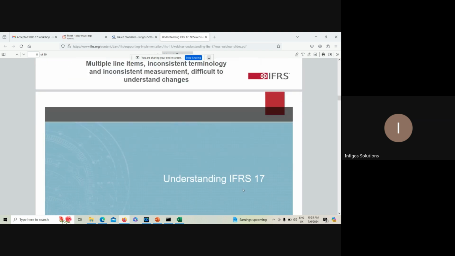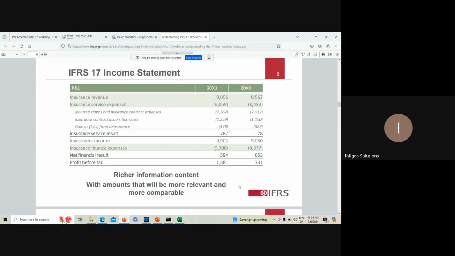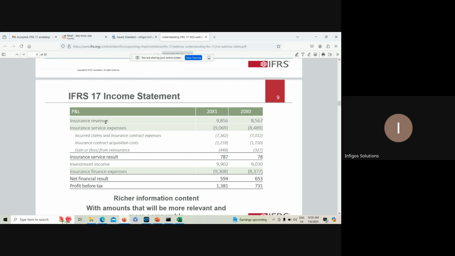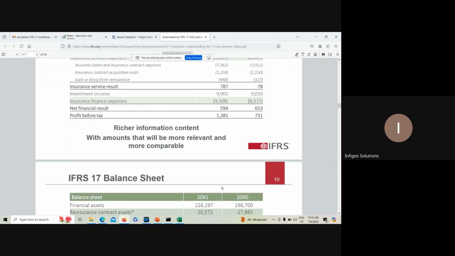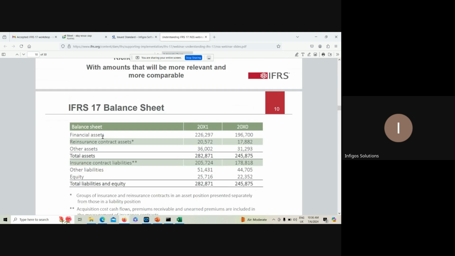Okay. So they have come up with a new format of income statement where they have insurance revenue, insurance expense, and these are the values here: insurance service result, net financial result, and this is the profit. And then the balance sheet is again changed.